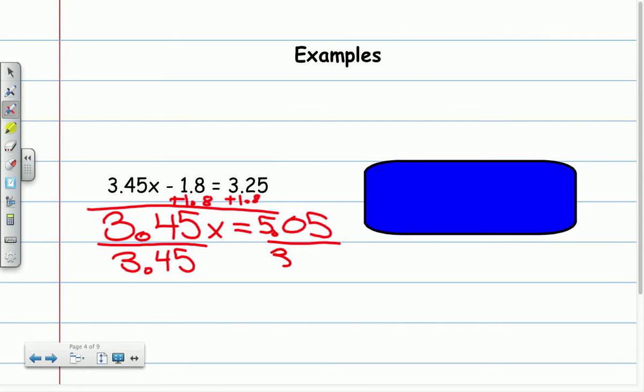That cancels, and x is equal to 1.463. I'm going to round it to 1.5.